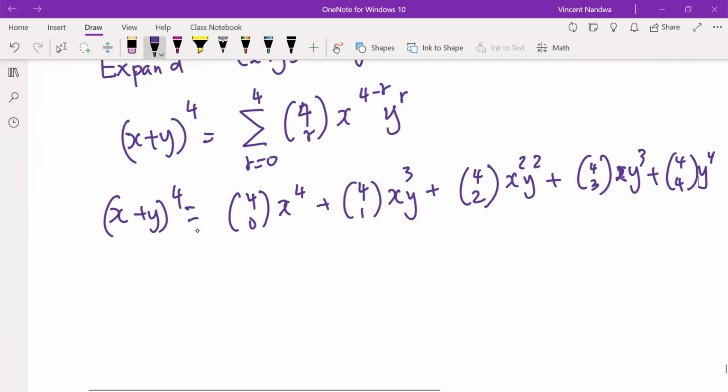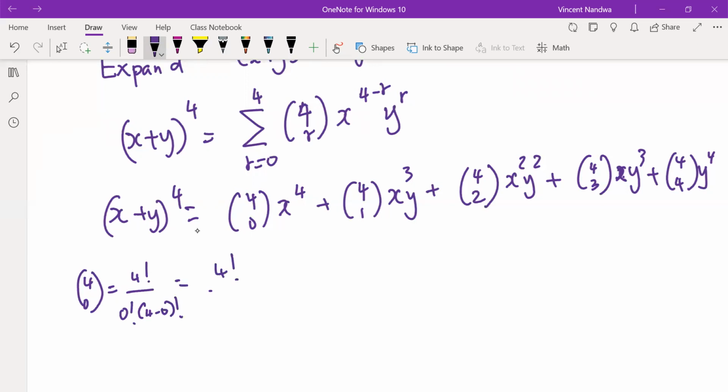So 4 combination 0 means 4 factorial over 0 factorial times 4 minus 0 factorial, which will be 4 factorial over 0 factorial times 4 factorial. This one, 0 factorial is 1. So 1 over 1 is 1.